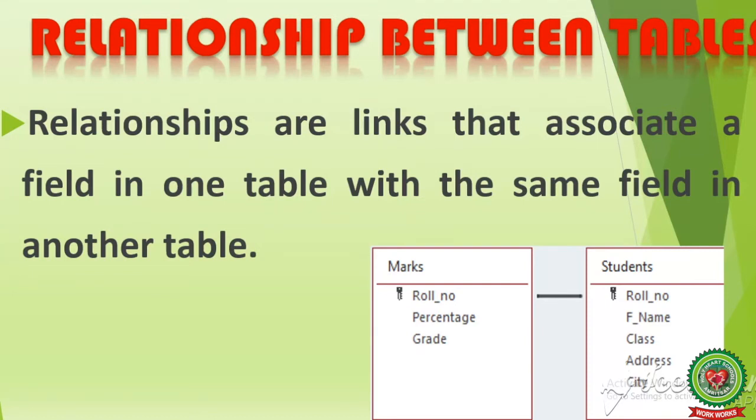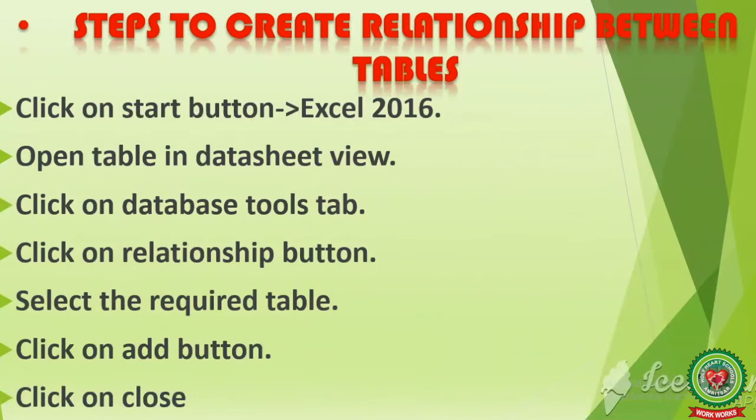So firstly, you need to define the relationships between the tables. Once you have defined the relationship between the tables, the data from both the tables can be used by a query, form or report. Now I'm going to tell you practically how we can create the relationship between two tables.